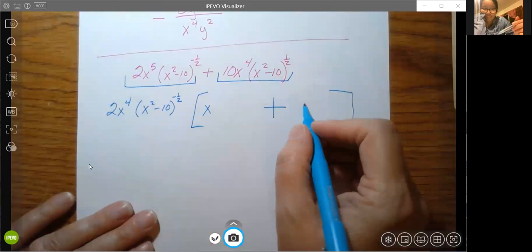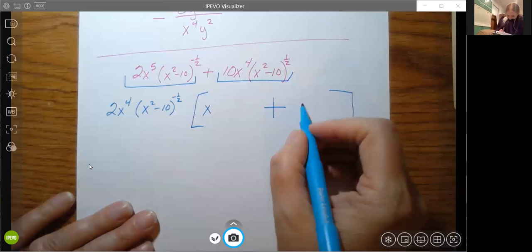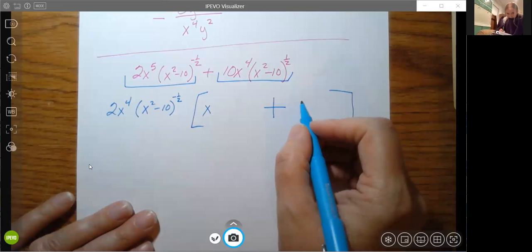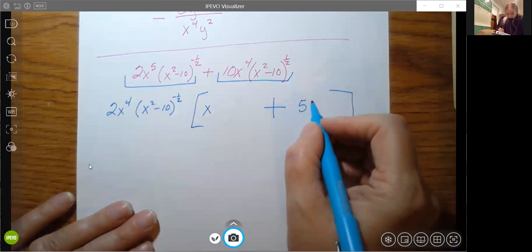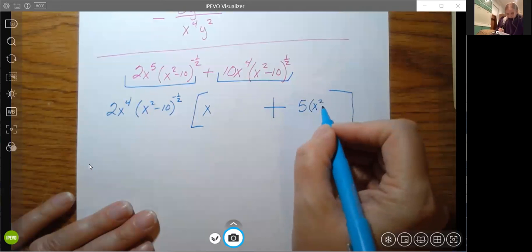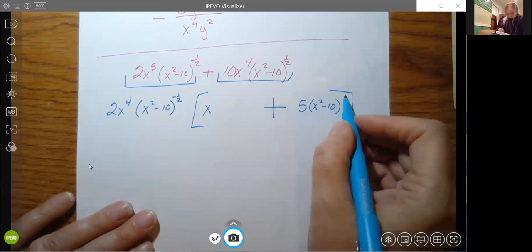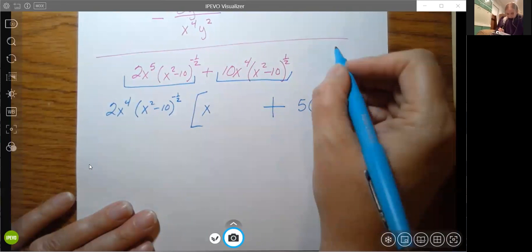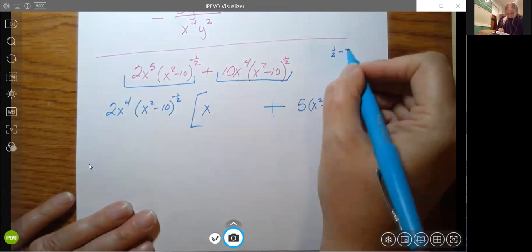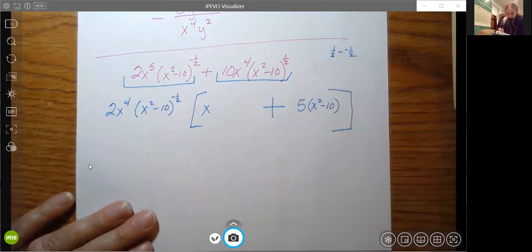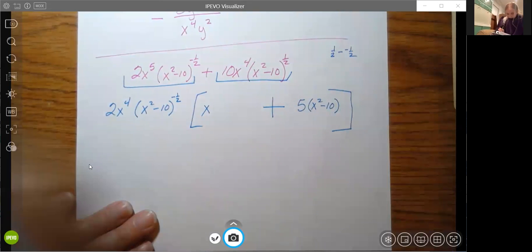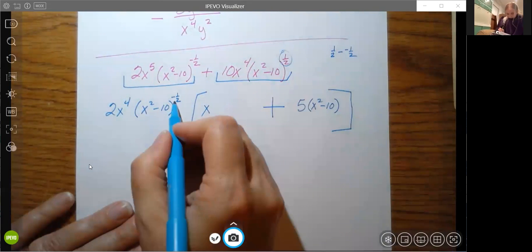Okay, what's this one? 5 and then x squared minus 10 to the... Is it negative 1? It's what you had minus what you took out.